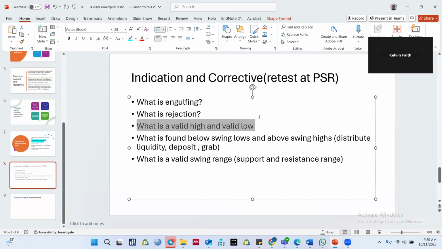And a valid low is the low in an uptrend from which price took off to take the previous high, and vice versa. What is a valid low and a valid high in a downtrend? If price is moving down and takes out a previous low, that low becomes a valid low or a reference low.